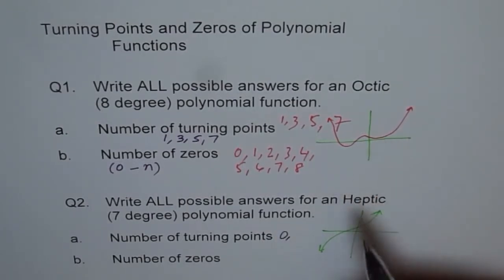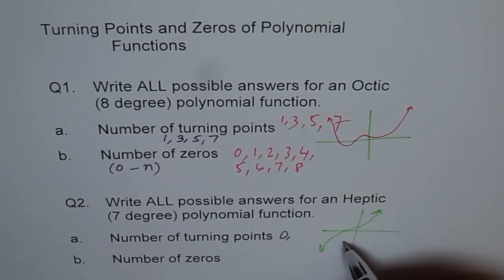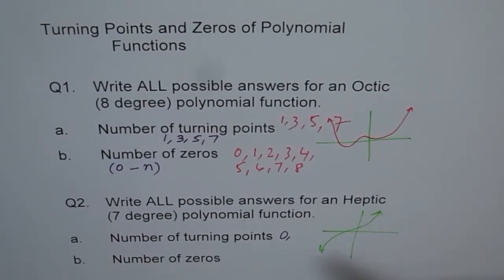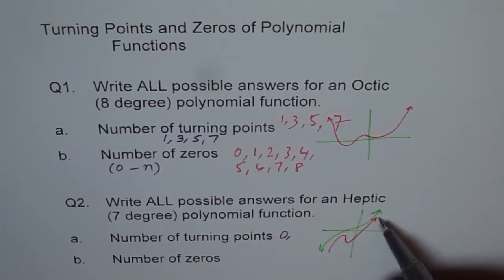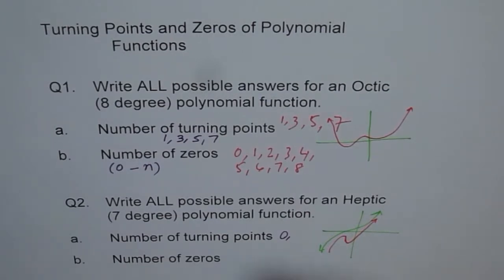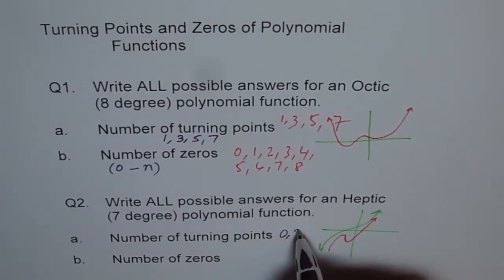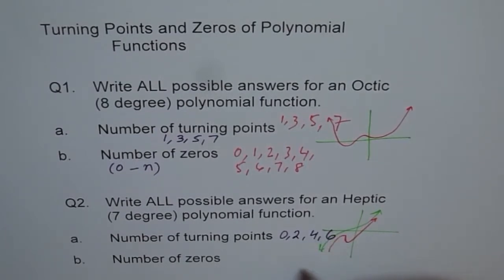Now, as we saw earlier, if it turns once, then it has to turn again, because finally it has to reach there. So they turn in sets of 2's. So the number of turns a degree 7 function can have is 0, 2, 4 and 6. Do you understand? Not an odd number of turns.